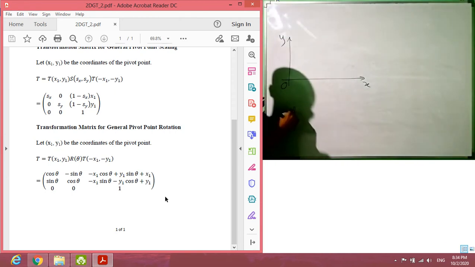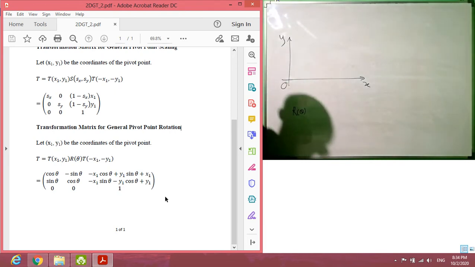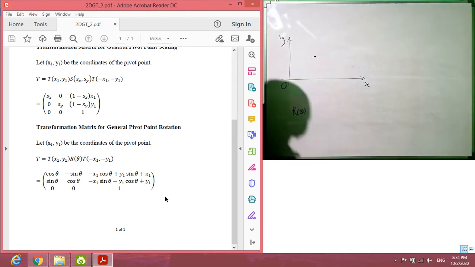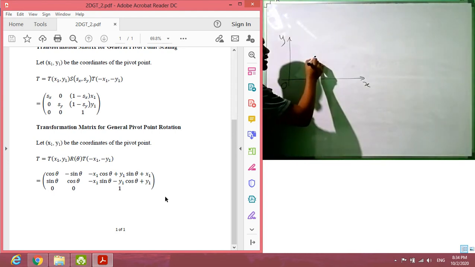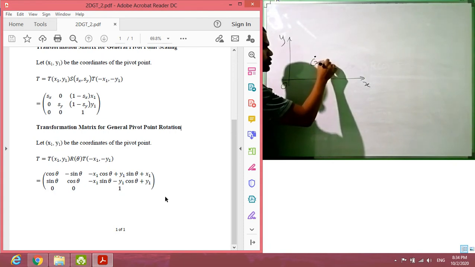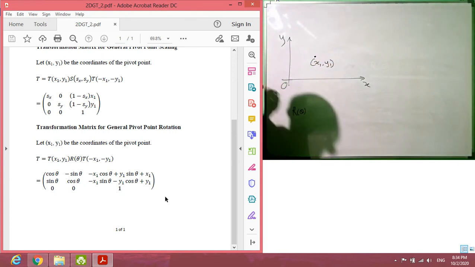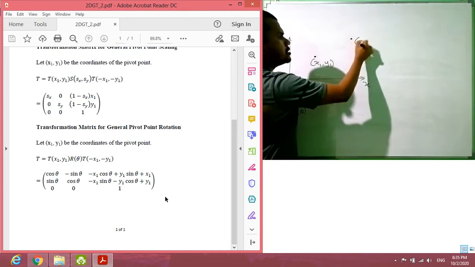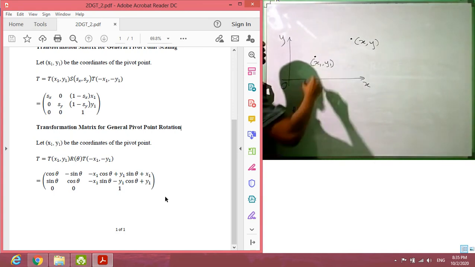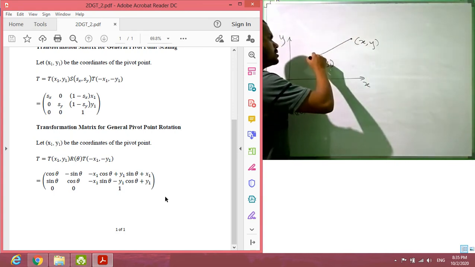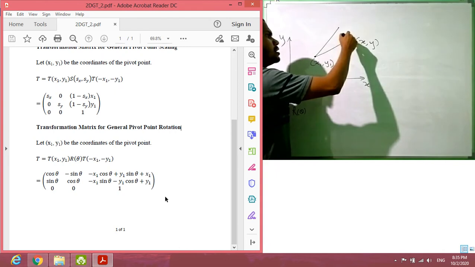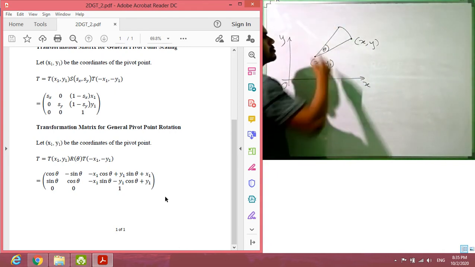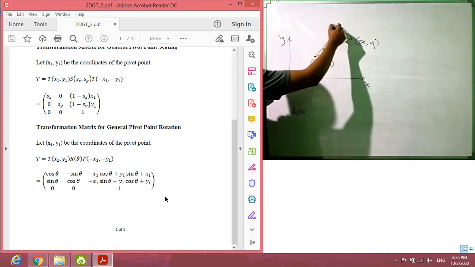Now R theta means, if you have a pivot point with coordinates x1 comma y1, and we have another point xy, we want to rotate around this point by an angle of theta, and we have to find this one.